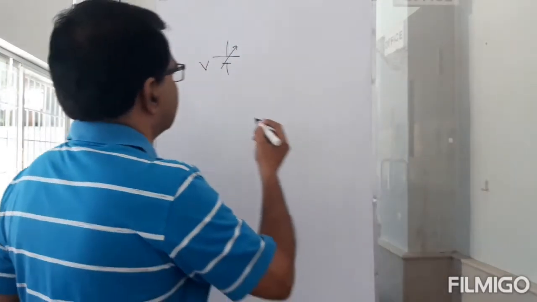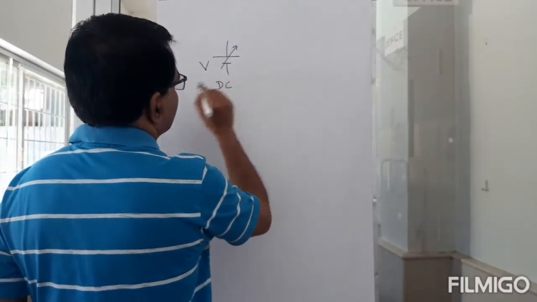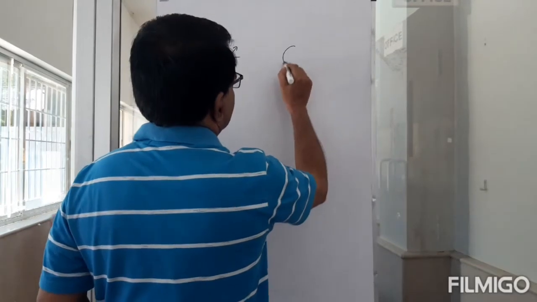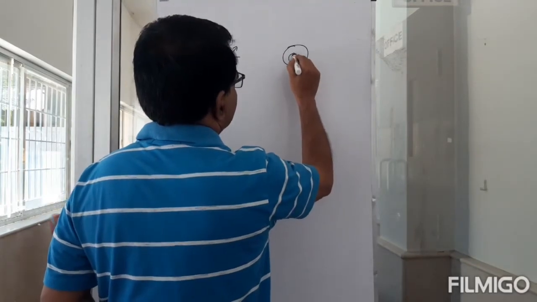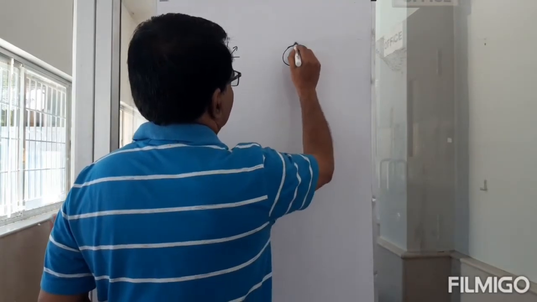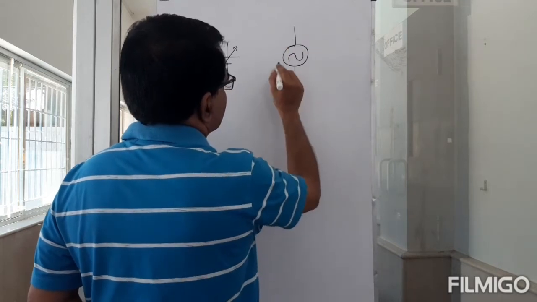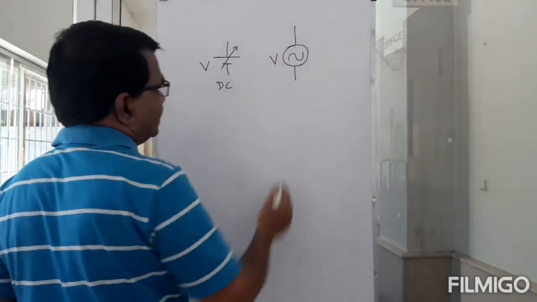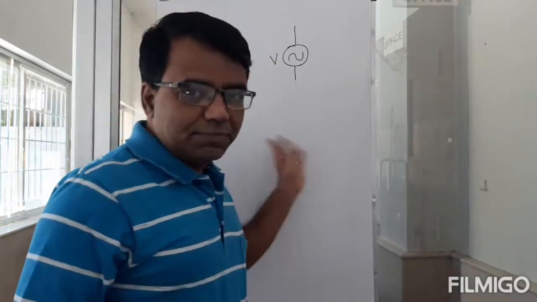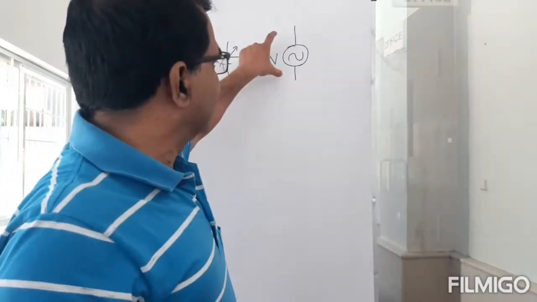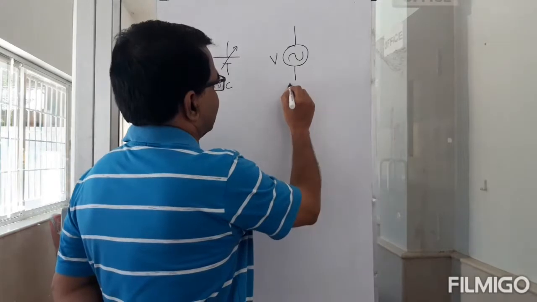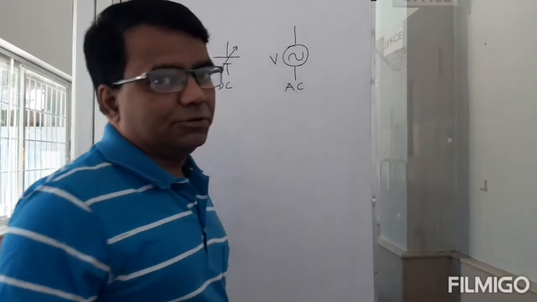So this is DC, and you represent AC with this symbol. This I call V or your epsilon, E. I can use any symbol, but this is the symbol you use for AC.